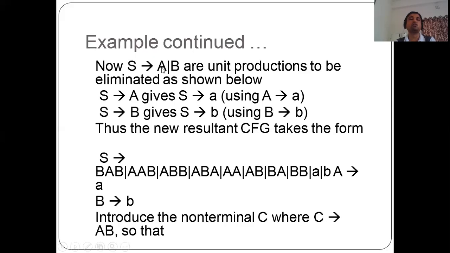Instead of writing only a single non-terminal node, we replace it by terminal nodes, whatever terminal production rules are available in the grammar. These are all the four different steps through which we can convert the given context-free grammar into the Chomsky normal form.